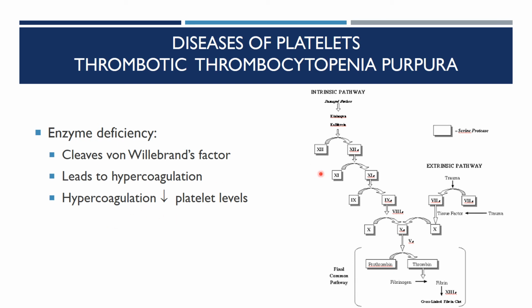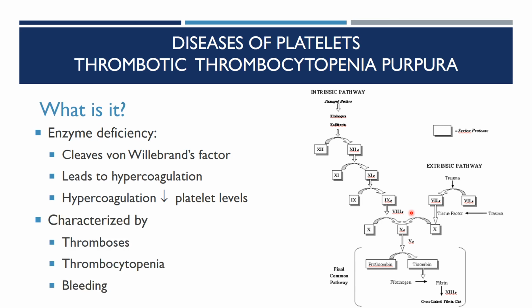So we can look at this cascade here. The von Willebrand factor isn't heavily shown, but here's factor 8 that we saw in von Willebrand factor. This condition is going to be characterized by the formation of blood clots, thrombosis, thrombocytopenia, which is a decreased number of platelets, and then bleeding, lastly.